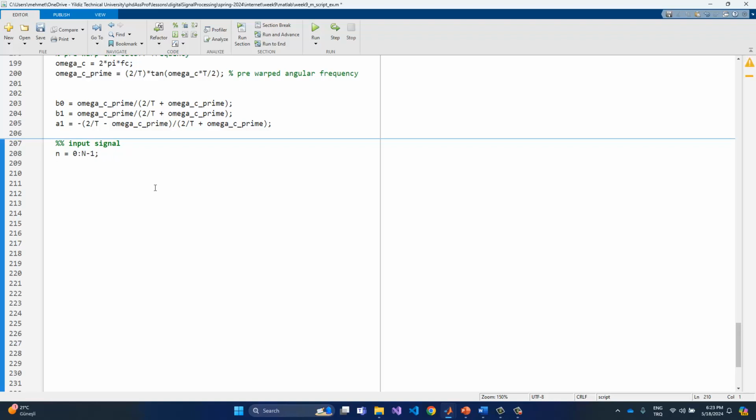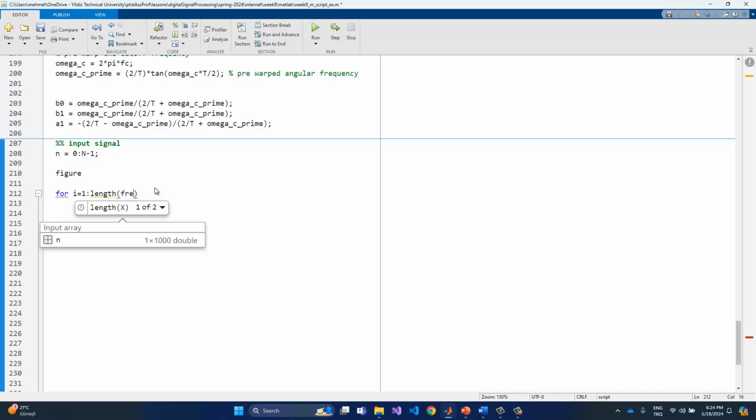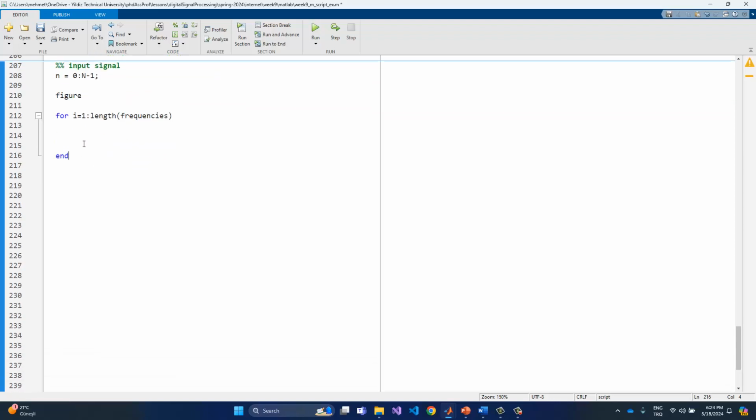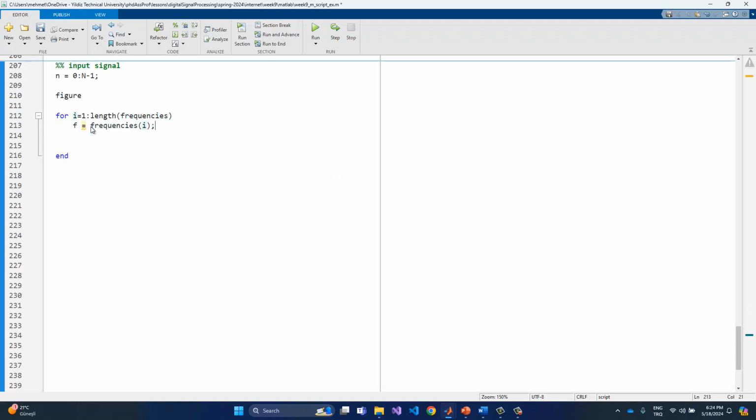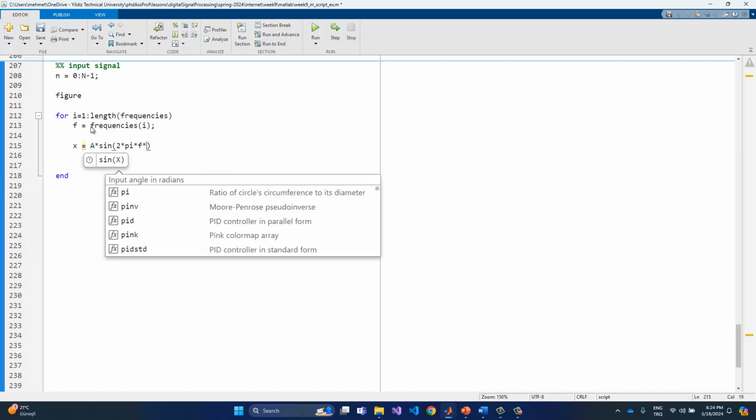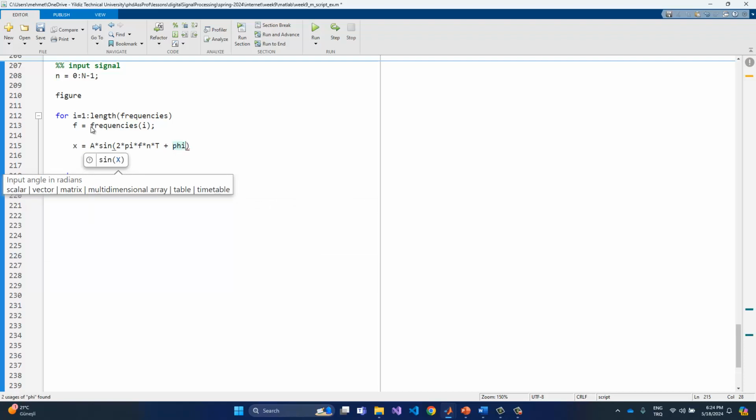Okay, so we can use this algorithm based on this information. We need to create the figures, for i equals 1 to length of frequencies, which means that we plot all the frequencies in here. After that f should be assigned to frequencies i, and x can be assigned to a times sin of 2 pi f t plus phi. Okay.